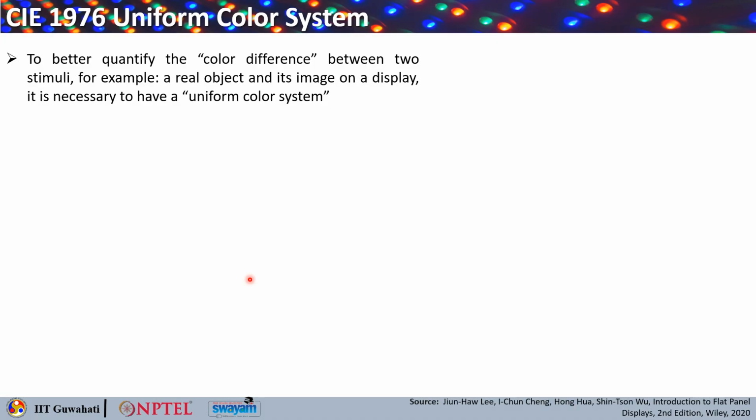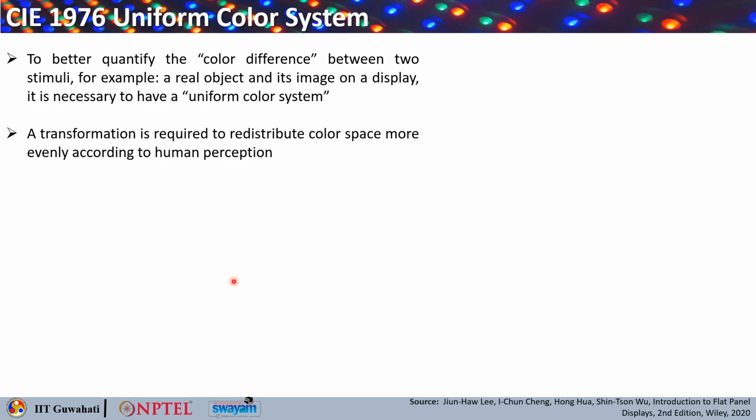To better quantify the color difference between two stimuli, for example a real object that you can see and the image of the same object displayed on an electronic display, you need a uniform color system. That means you require a transformation that can redistribute the color space more evenly according to human perception.